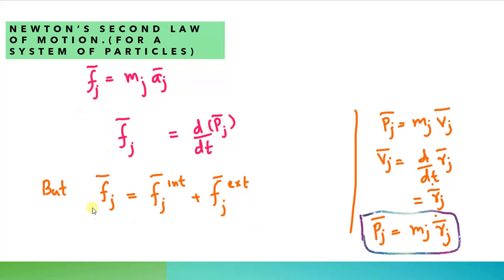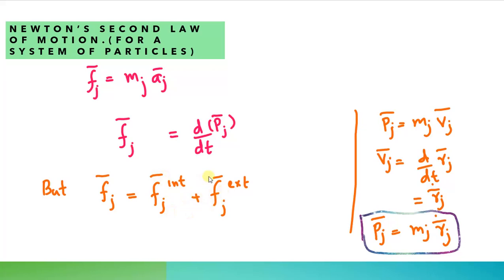But the force acting on the jth particle may be of two types. We have a system of n particles, and all the particles may be interacting with each other. So there will be a force of internal interaction between the jth particle and the other particles of the system. This constitutes the internal force, that is, the force acting on the jth particle by all the other particles in that system.